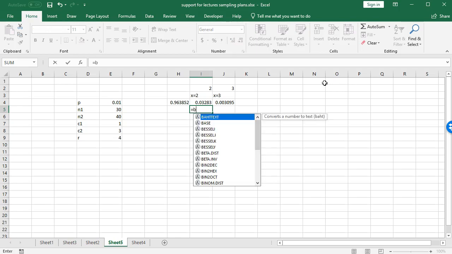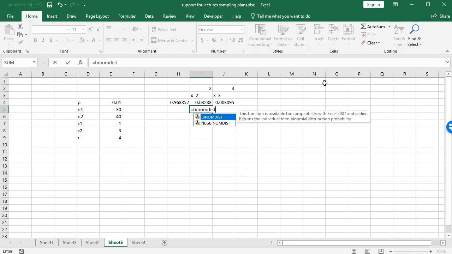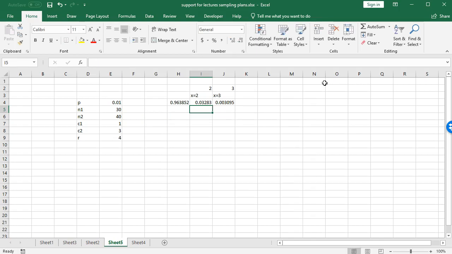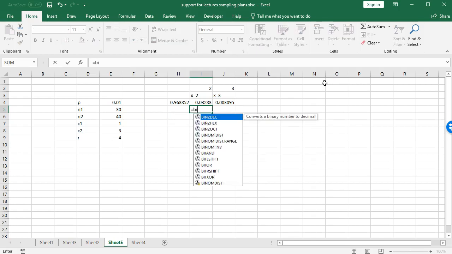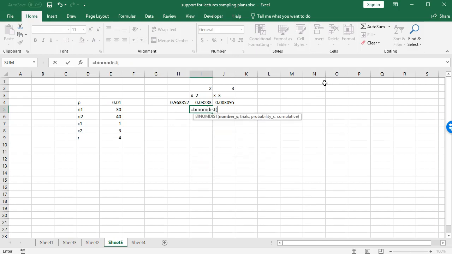We would consider, if we use binomial distribution, that the number of successes that are of interest is 1, with trials, well, to make it parametric, binomial distribution, and the number of successes is the difference between 2 and 1, with the number of attempts or number of trials being 40, and the probability remains the same.